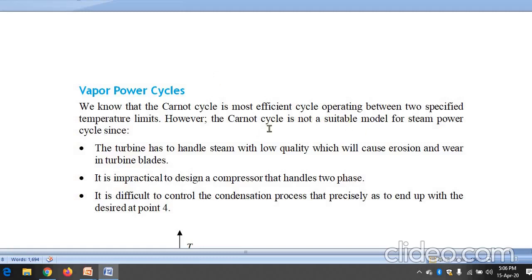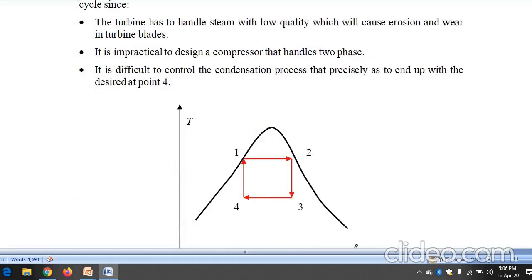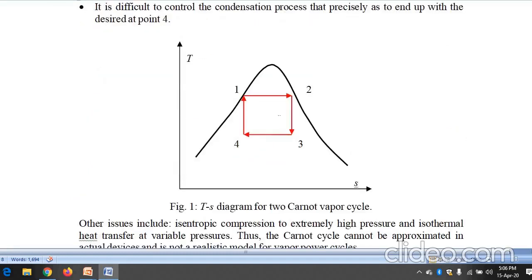Why? Because if you remember, you already studied in engineering thermodynamics the phase diagram. Now, you can see here, this line is the saturated liquid line and this line is the saturated vapor line.